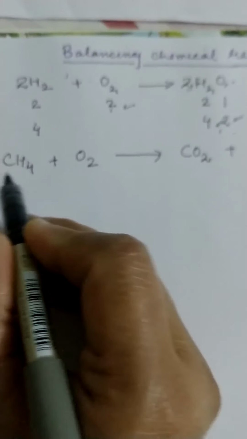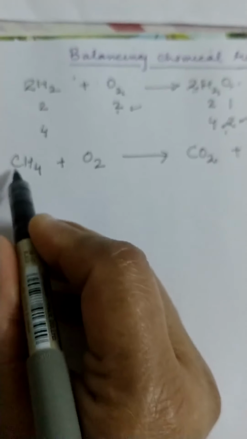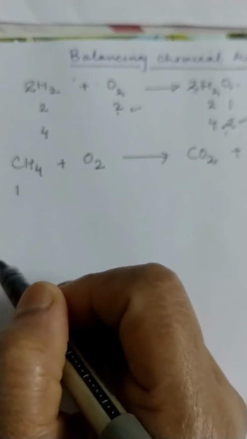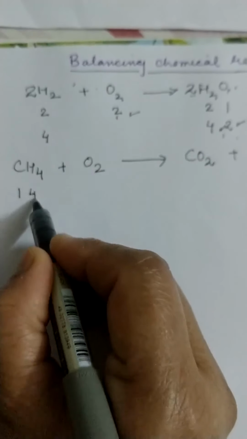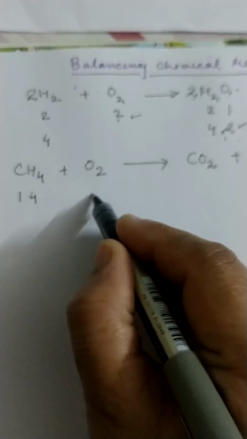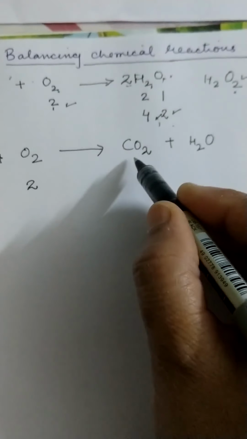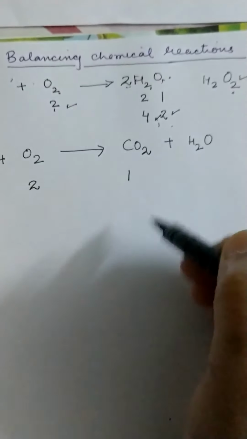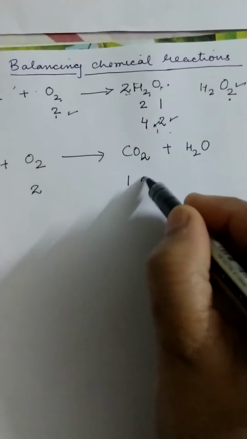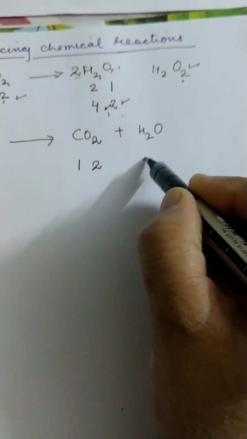This is a molecule of methane, right? So here carbon 1, hydrogen 4 atoms, correct? Oxygen 2. Here on the product side, carbon 1, oxygen 2 and hydrogen 2, oxygen 1.